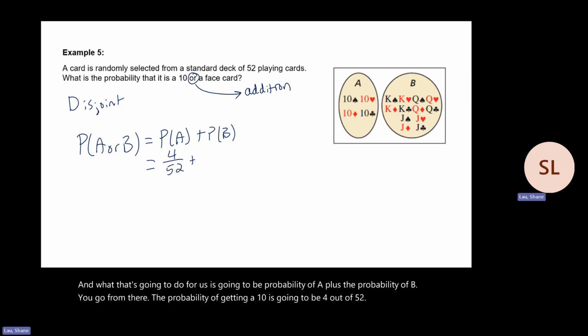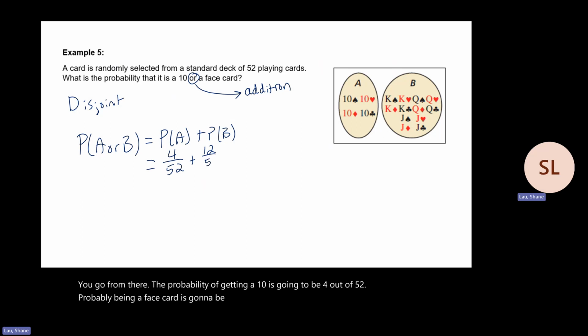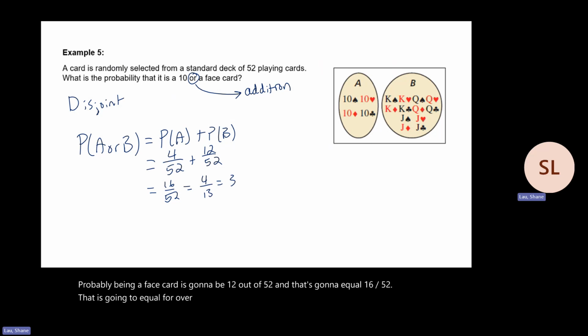The probability of getting a face card is going to be 12 out of 52. And that's going to equal 16 over 52. That is going to equal 4 over 13, which of course equals 30.8%. Just like that. Pretty cool, right?